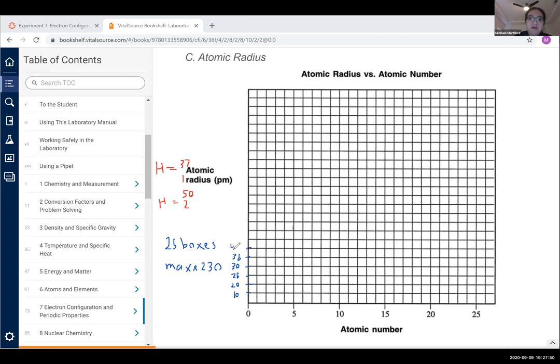So I'm going to fill in that portion of my graph. Now that I've filled that in, I'm going to plot my data points. Hydrogen, which has an atomic number of 1 and a radius of 37, I'd plot roughly right here.